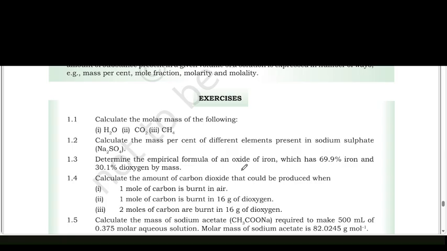So half will be there. So 22 gram CO2 will be produced. 1 mole of carbon is burned in this air, but we have to consider the limiting reagent, so the limiting reagent is oxygen, 16 grams. So 16 gram will be 0.5 mole and 0.5 mole. So it will only produce 22 gram CO2.